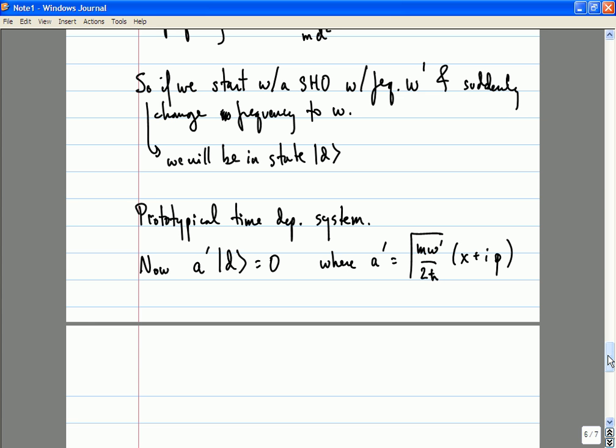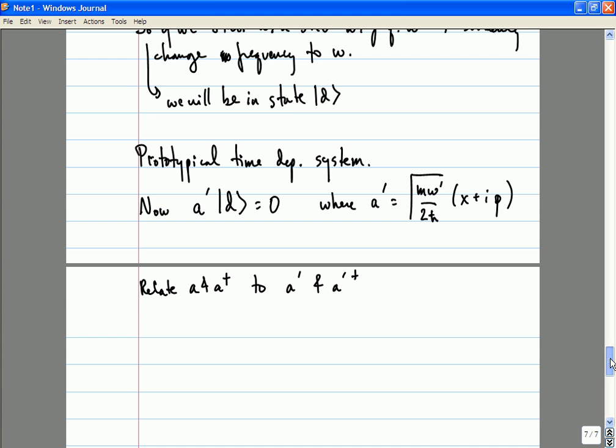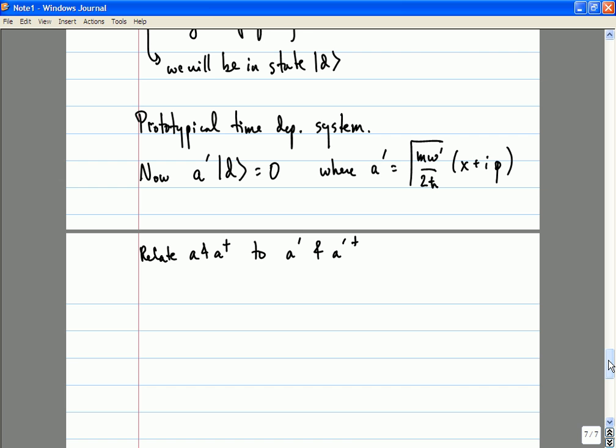In order to see that, what we need to do is relate A and A dagger to A prime and A prime dagger. Now, A prime is a linear combination of X and P, and A is a linear combination of X and P, but there's an over M omega prime here, of course.